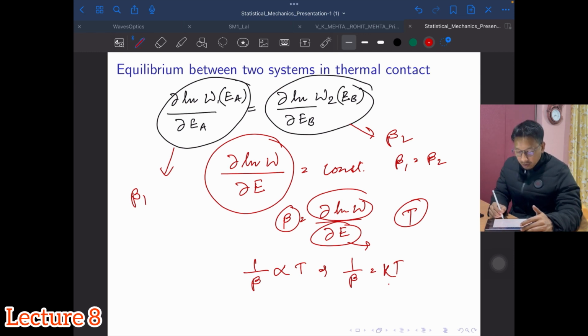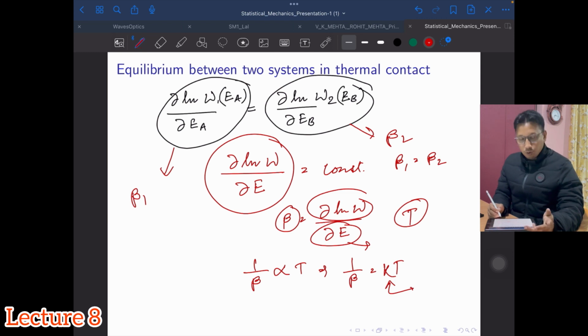This k is a proportionality constant decided by the scale we choose to measure temperature. If we use the absolute temperature scale, then k is the Boltzmann constant.